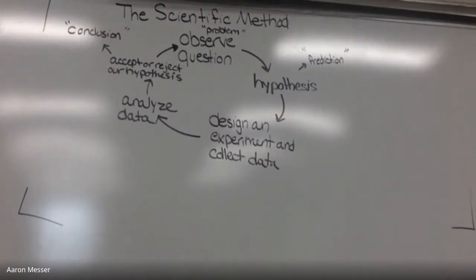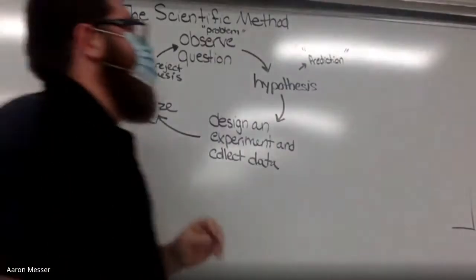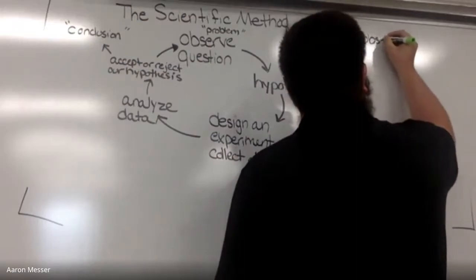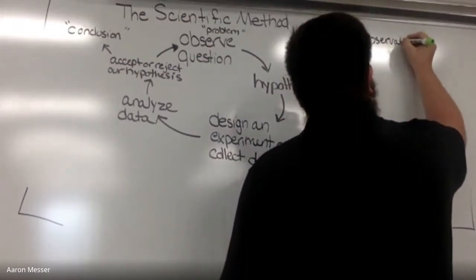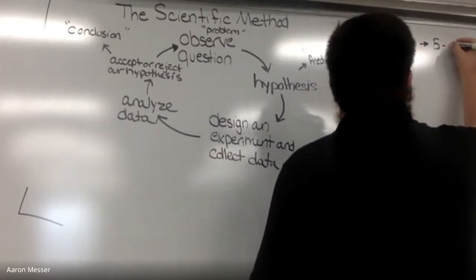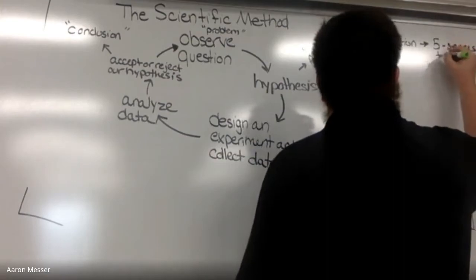That's the scientific method. Now, we also talked about the difference between an observation and an inference. Observation, we use our five senses to describe.